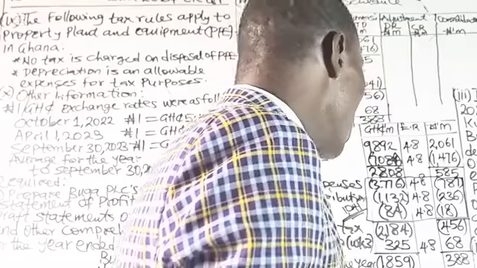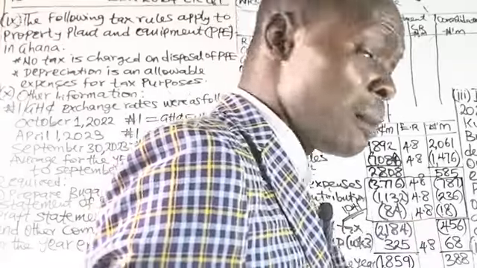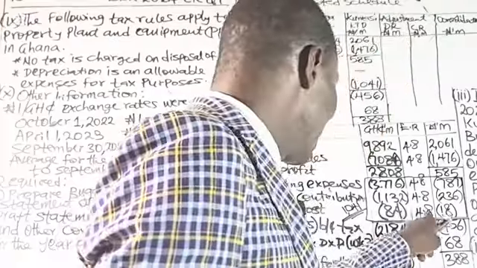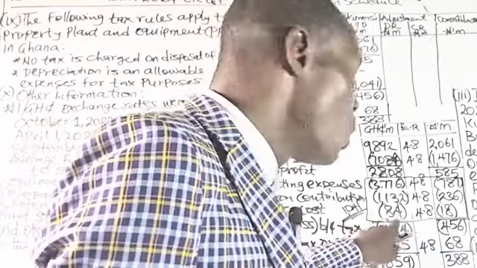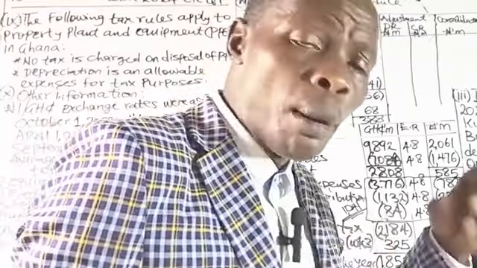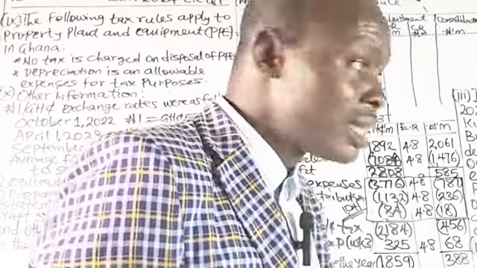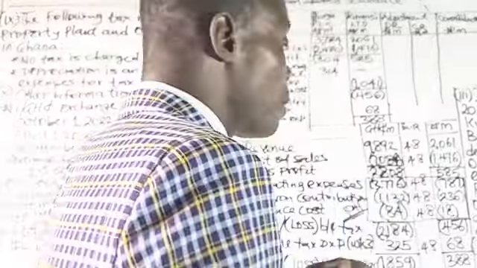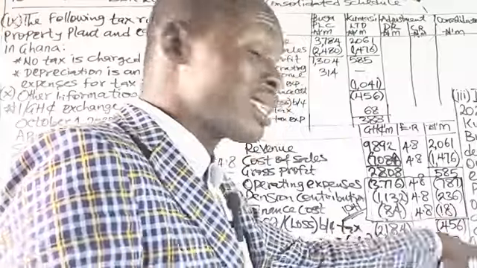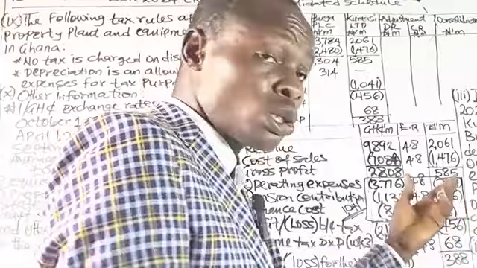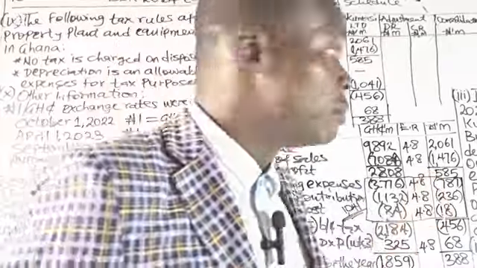Remember, this loan, whose finance cost is from working number 4. Please take note. This 84 was obtained from working number 4. This loan was yielded by the parent company to the subsidiary company. Since it was yielded by the parent company, that means the subsidiary will pay the interest as finance cost. That is why we are subtracting that interest from the subsidiary. Then the parent will receive the interest as an income.